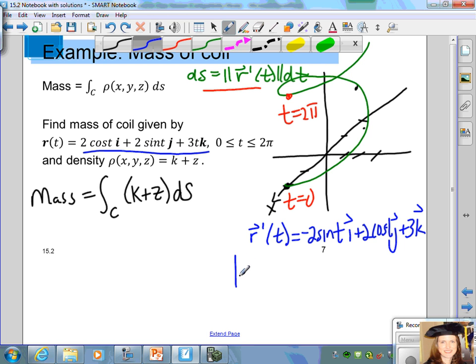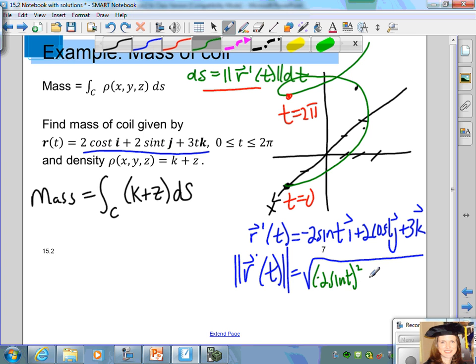So the magnitude of this r prime of t is found by taking the square root of each of these components squared. So negative 2 sine t squared plus 2 cosine t quantity squared plus 3 squared. And when you simplify this, you get 4 sine squared t plus 4 cosine squared t plus 9.